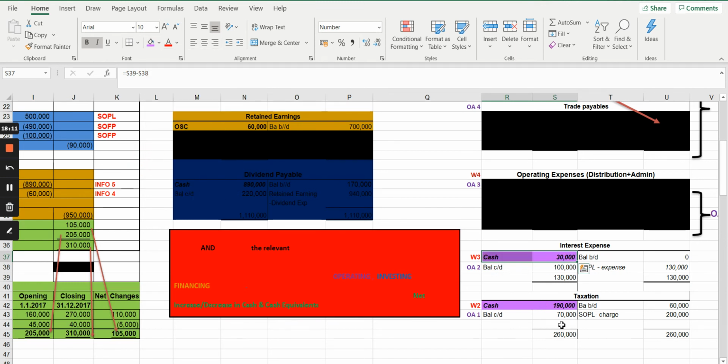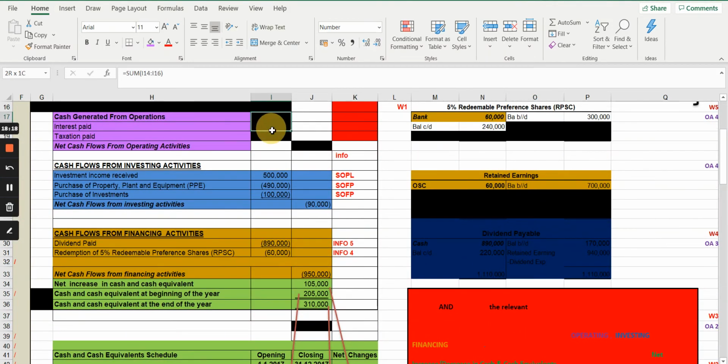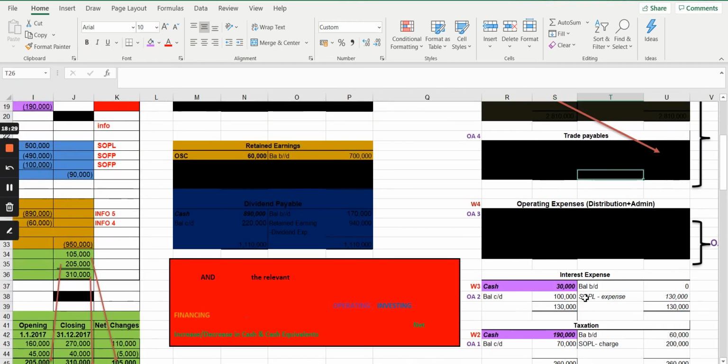Those two figures must be shown in the cash flow from operating activities as an outflow. So you should report the same amount that you have in your T account here. You can see here it was 190 and 30,000.